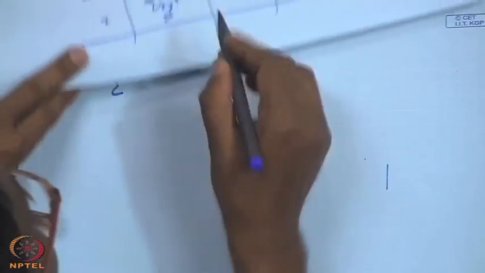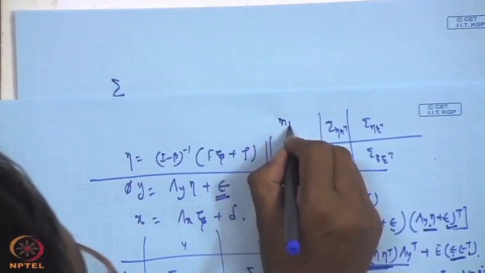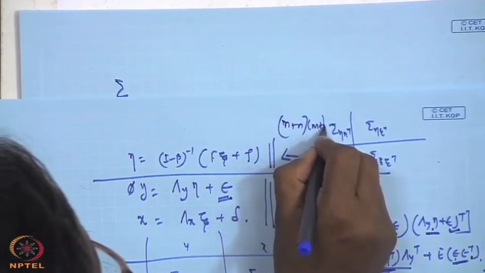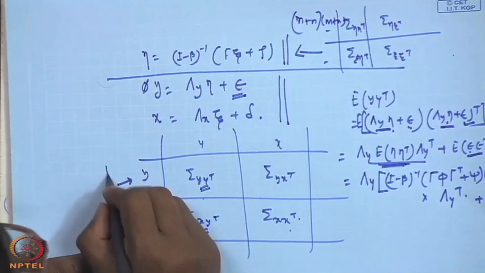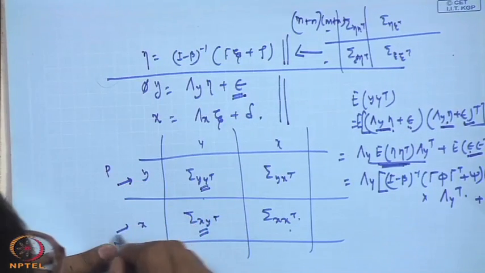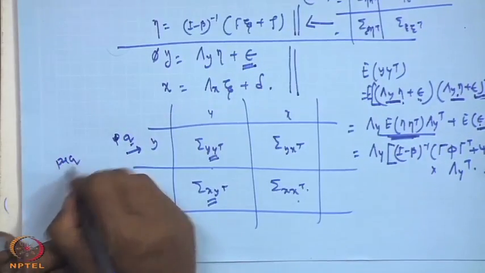So, essentially the matrix becomes not m cross m, here it is m plus n cross m plus n. Suppose we have p x variables and q y variables, then the total number of variables is p plus q.